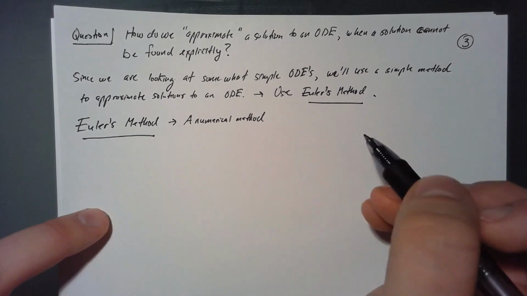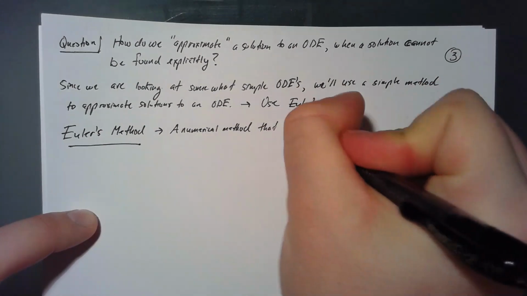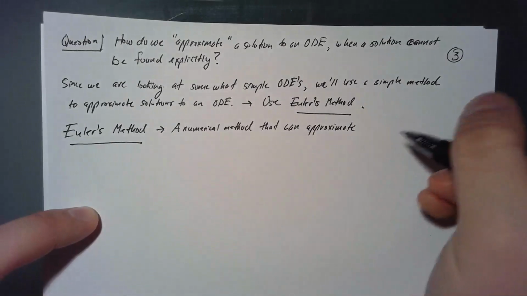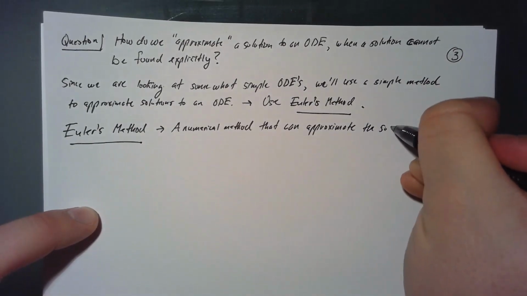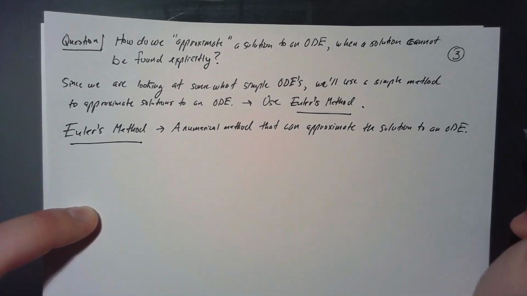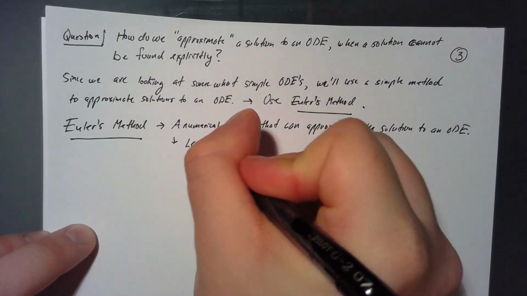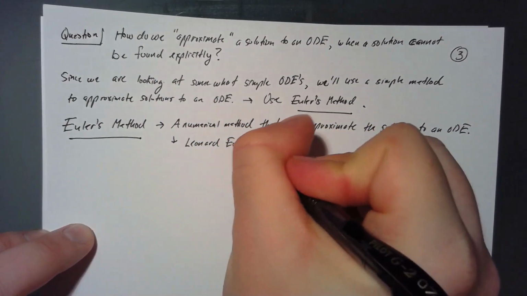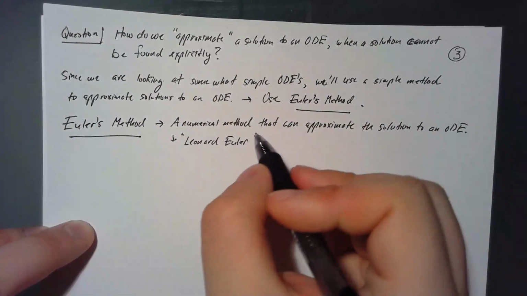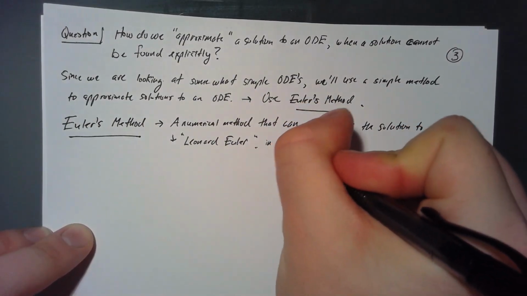So it's a numerical method that can approximate the solution to an ODE. And it was founded by the mathematician Leonard Euler. You don't need to know that, just a little history lesson. Leonard Euler, in the 18th century.